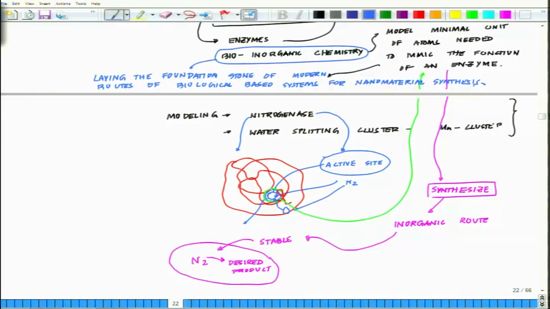That is where much of these biological routes are heading.